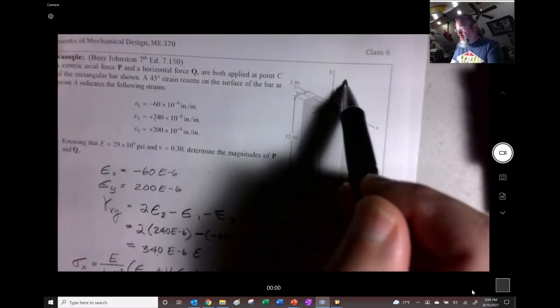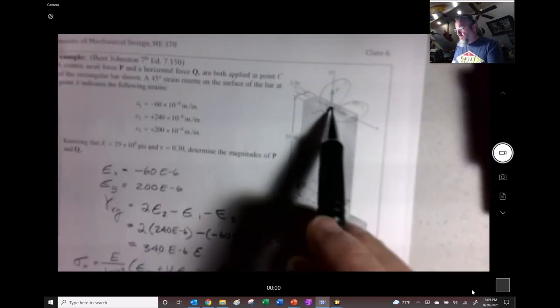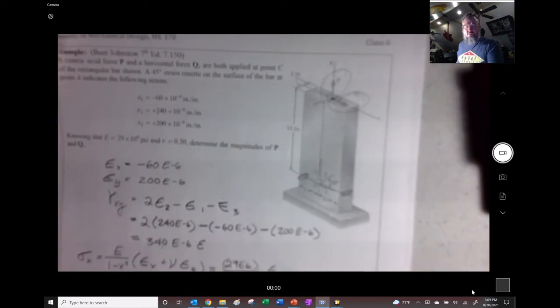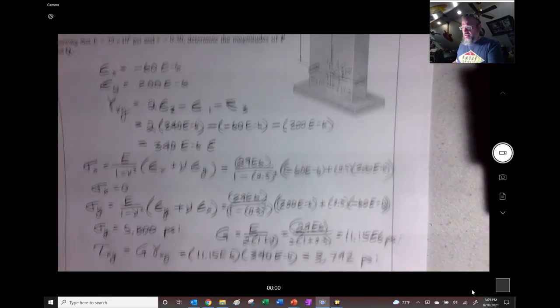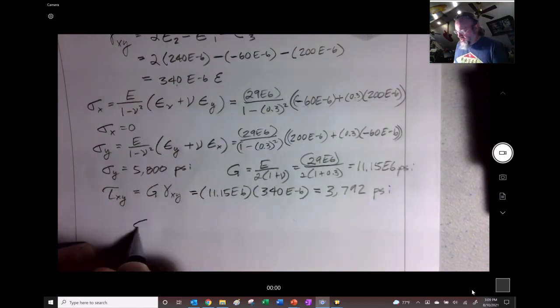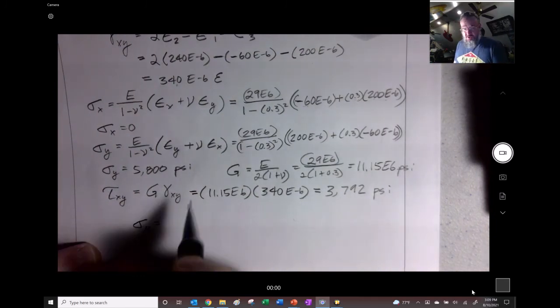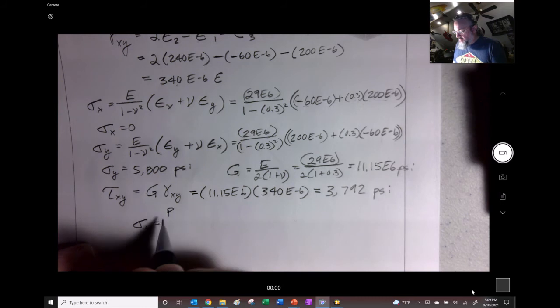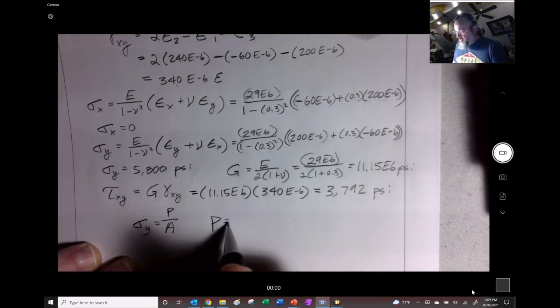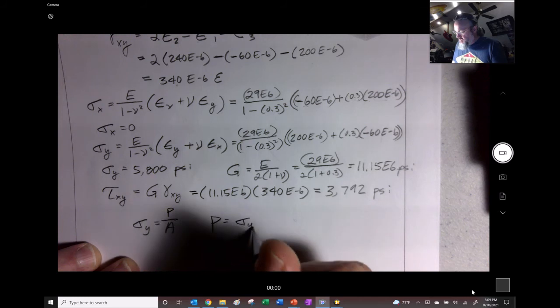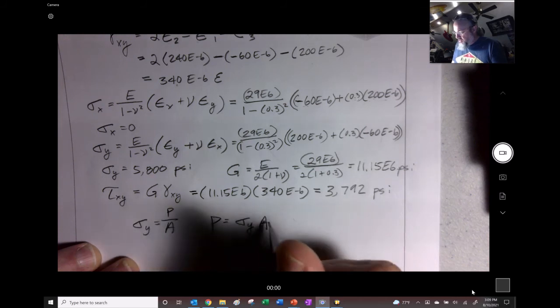But now our goal was to get the loads. Well, the only thing on here that's going to cause y direction stress is from axial, right? So the stress in the y direction is just going to be, they're calling it P, so it's P over A. So we could find what P is if we get sigma y times area, and it's a rectangle.